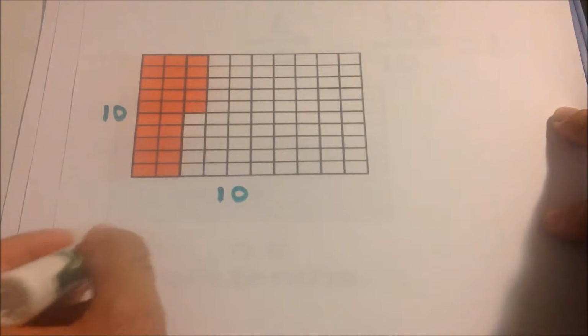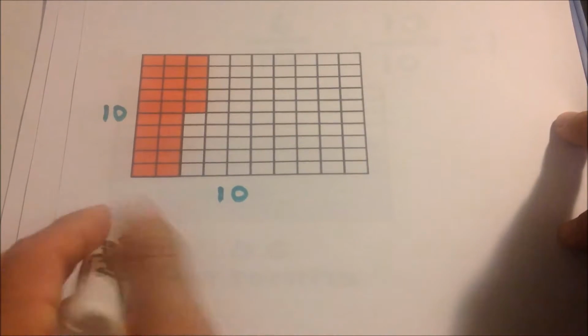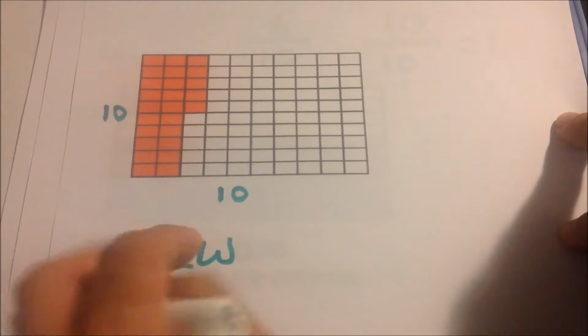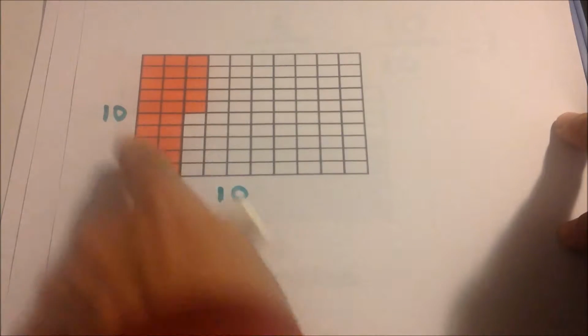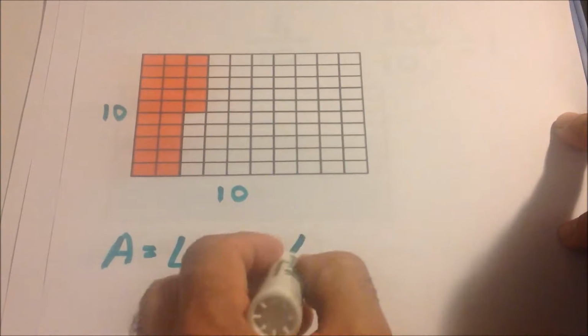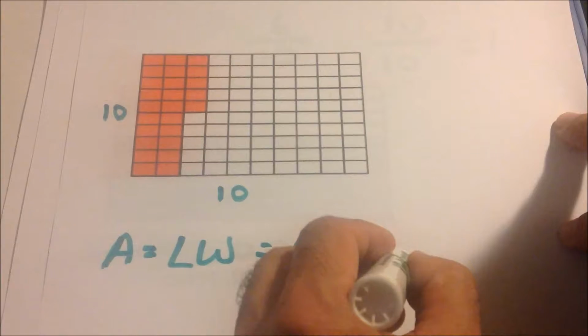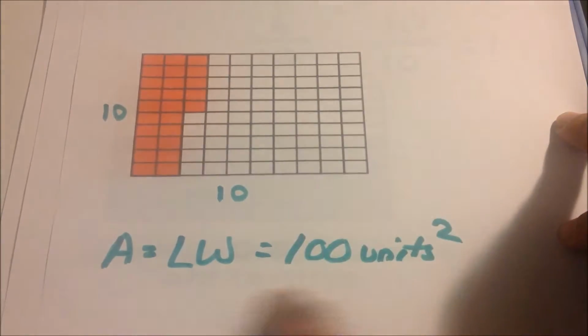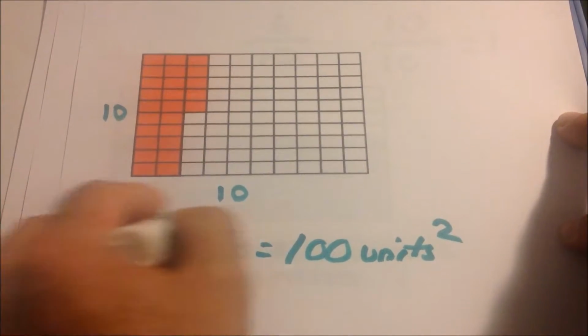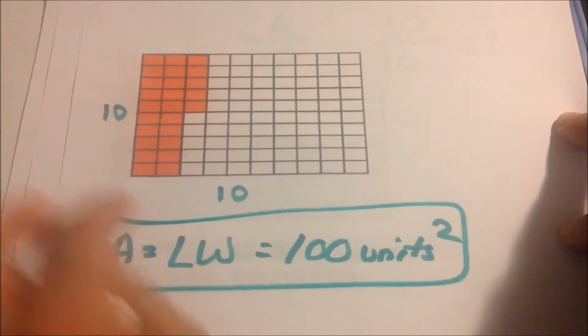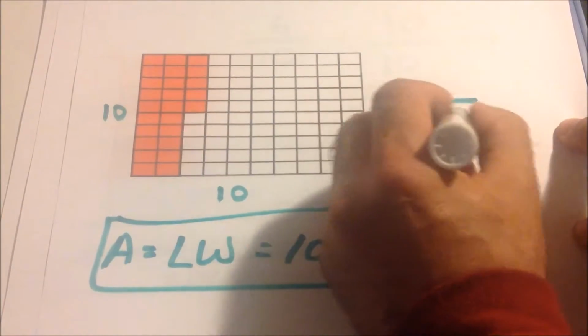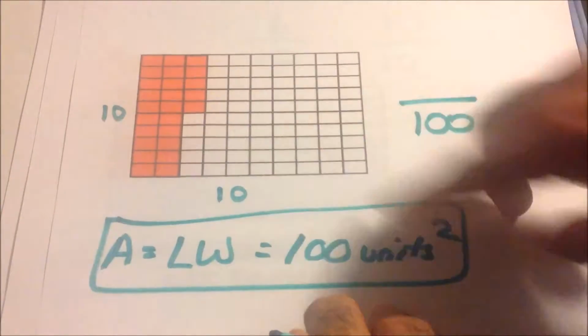The area of a rectangle is the length times the width. 10 times 10, the area is 100 units squared. We'll go over area again when we talk about geometry. So we know we have 100 boxes here, so our fraction will be over 100.